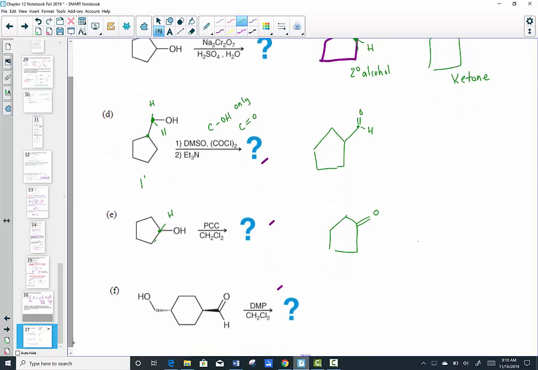And you have some more to try there. I won't do them all. Notice that this DMP does not touch the carbonyl. This is a no oxidation state, but it will be able to oxidize this carbon that's attached to the hydroxyl group, and it will do so by converting it into an aldehyde.